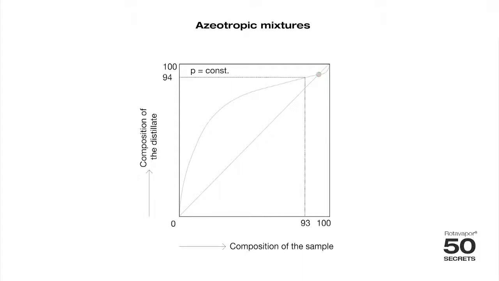Now we measured 93% and we roughly got 93% back. Now, when we added water, we were at 38%, we distilled, and we got around 80% back. So that is showing that this curve is actually pretty much correct.